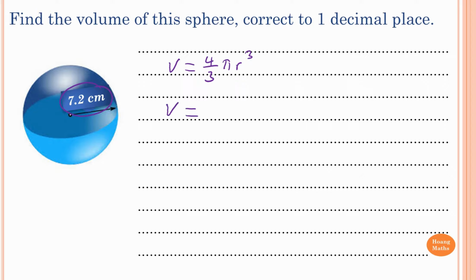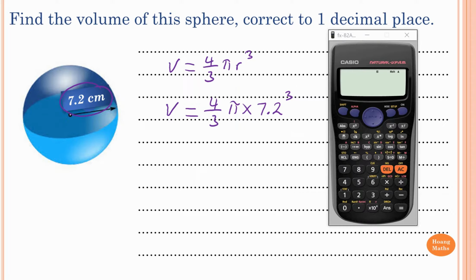So V is equal to 4 over 3 times pi times the radius cubed, which is 7.2 to the power 3. So 4 over 3 times pi times 7.2 to the power of 3, which is cube, which equals 1563.45 and so on.